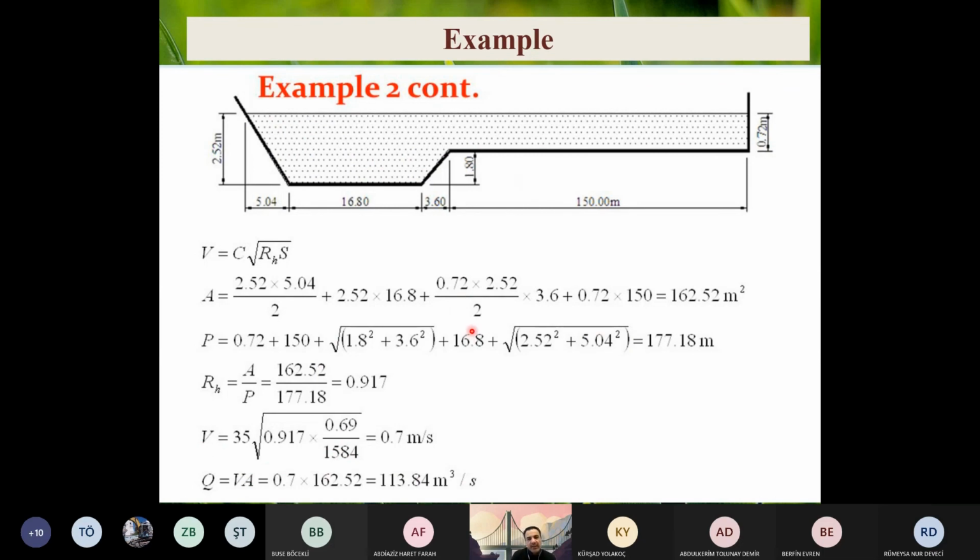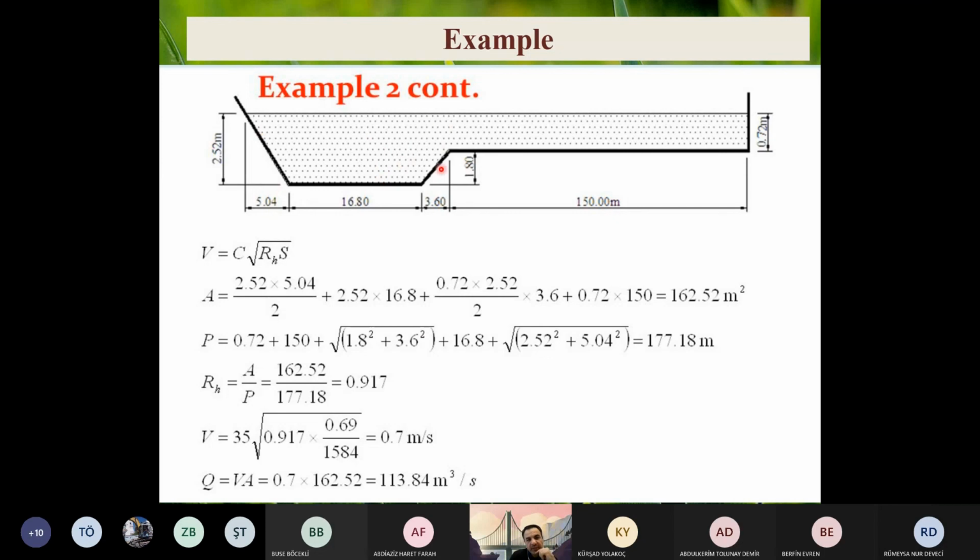Here you see that I simply calculated area and velocity by adding different sections. First area and wetted perimeter, then calculate hydraulic radius. Actually, this is not always true, and sometimes we have to separate cross sections first, then calculate hydraulic radius for different parts.